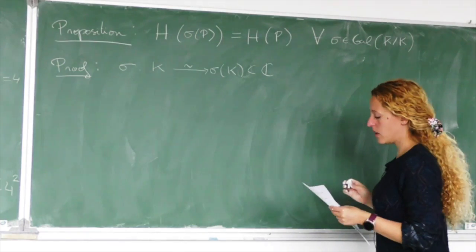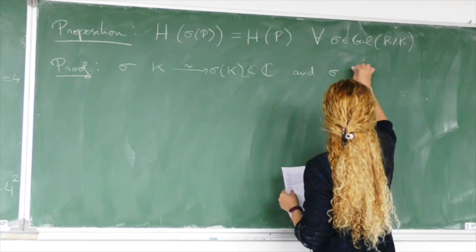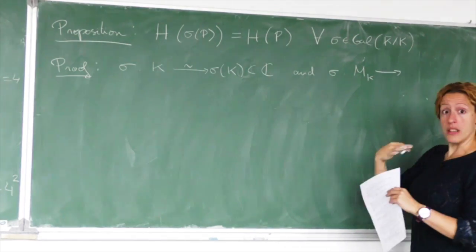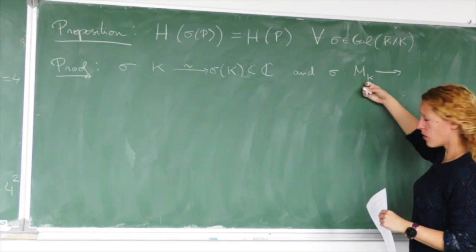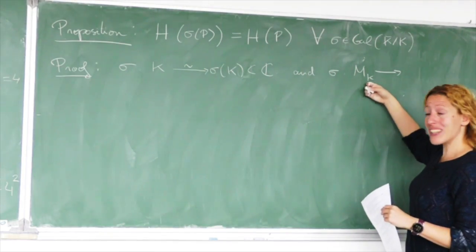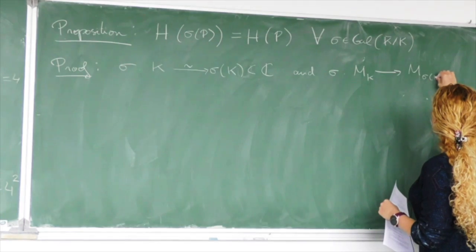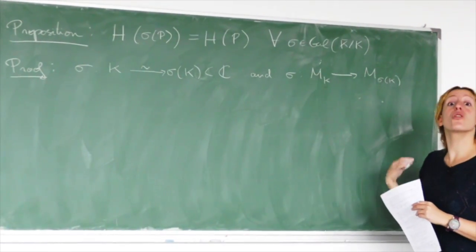On the other side, I can also see sigma as something inducing an isomorphism between the absolute values for the field K and the absolute values for the field sigma K induced by this, the conjugated field.